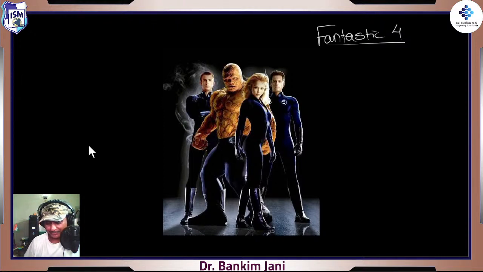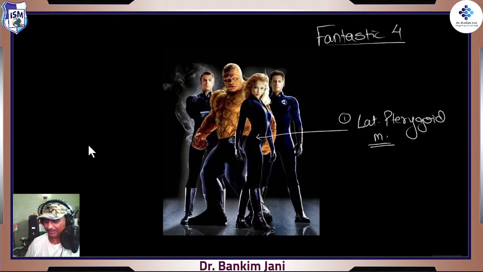Yeah, so this is Fantastic Four, and if we really want to give names, the easiest thing is we'll give the first one the name Sue Storm. That is the lateral pterygoid muscle.